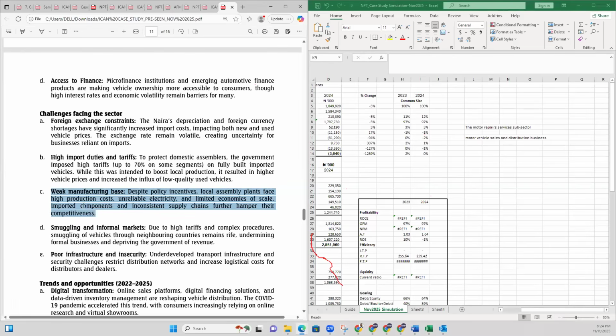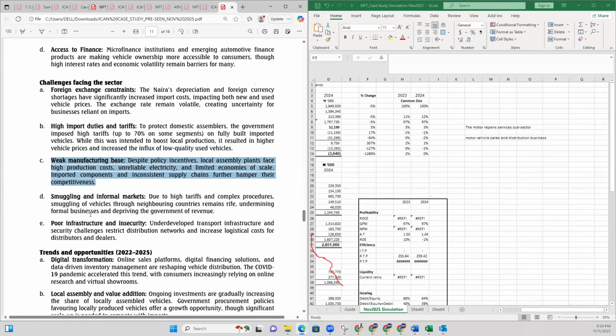And a lot of things happen as a result of that, bringing in substandard vehicles, right? And at the same time, things leave the regulatory purview, where government also loses revenue that they are supposed to generate from tariffs and all of those incentives. So smuggling is a big one as well. And then poor infrastructure, like we've discussed earlier.